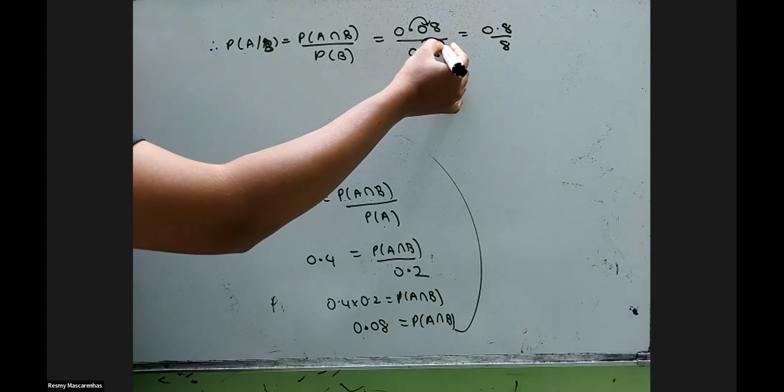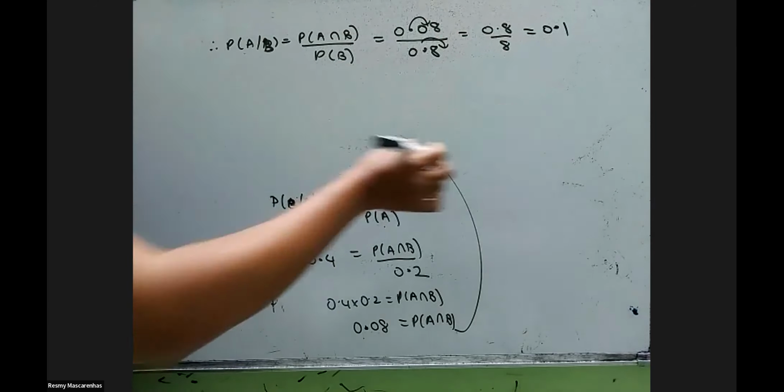If you are moving one place here, this also will move one place. 0.1 will be down.